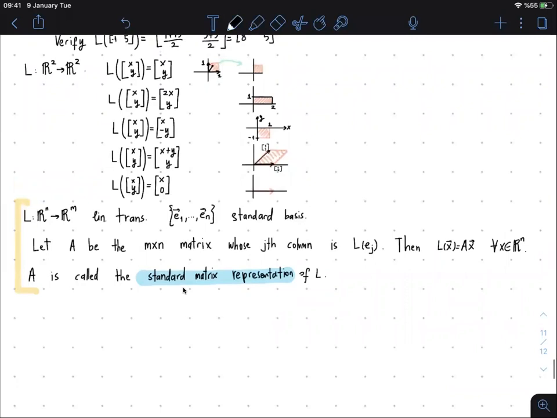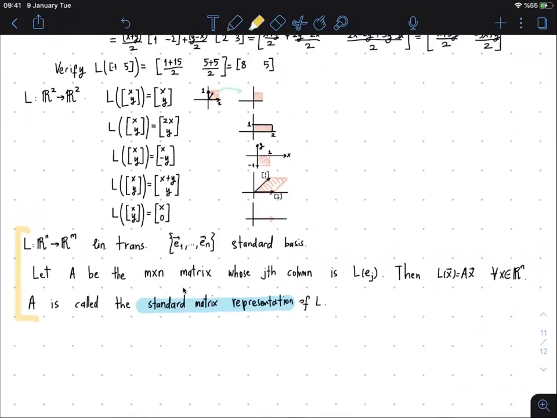Let's see some examples. Let's see the standard matrix representations of these linear transformations.